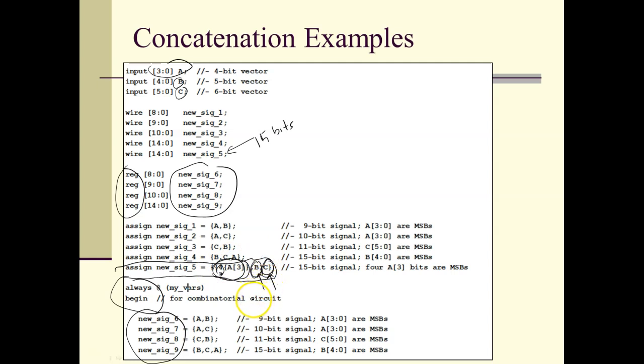All in all, 4 bits plus 5 bits plus 6 bits is in fact 15 bits, which is what we want there. There are rules to how you assign these if you don't match them. I actually don't really know those rules because I assign them exactly right, and I don't rely on the synthesizer filling in stuff for me.